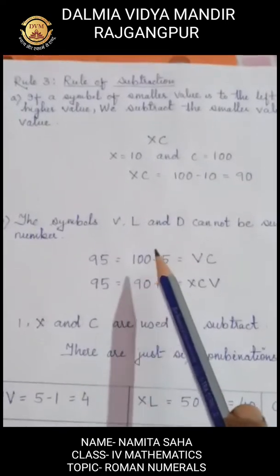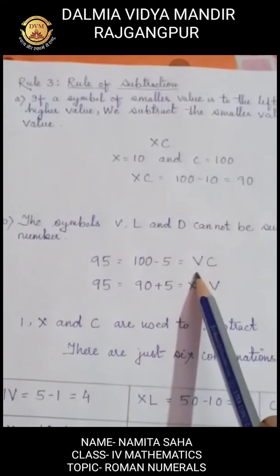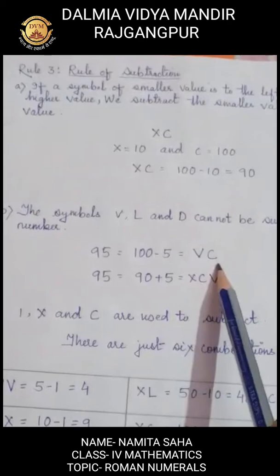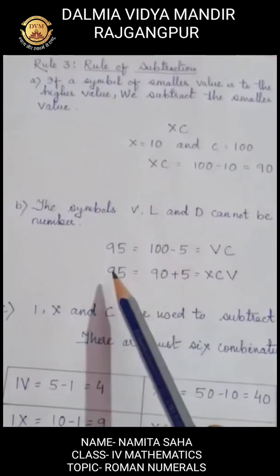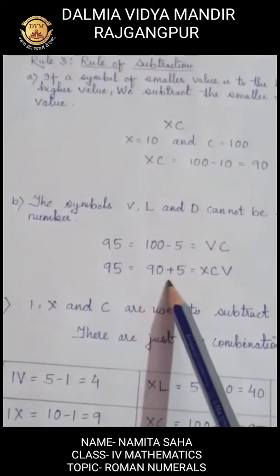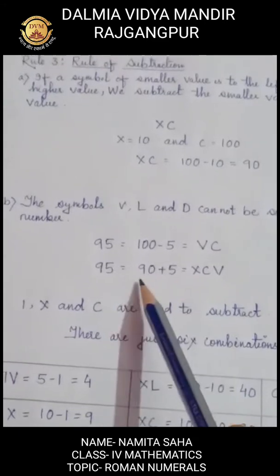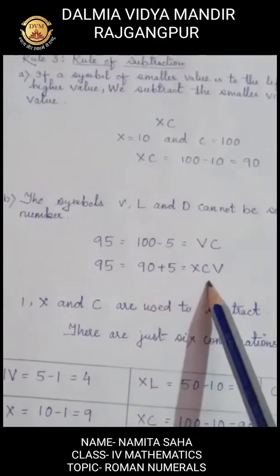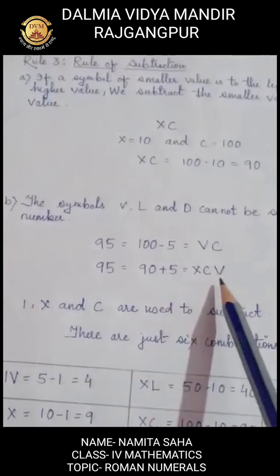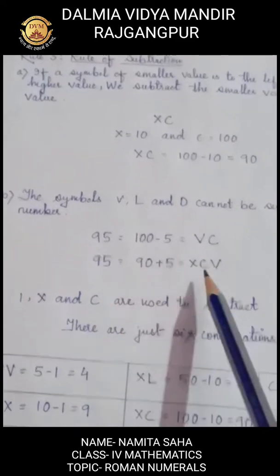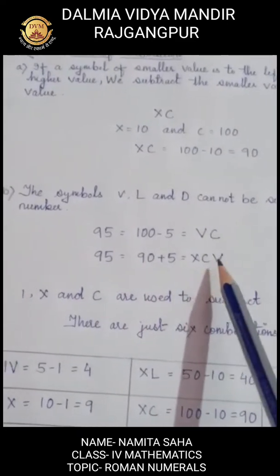It is against the rule. So you cannot write it as VC. Then what will you write? 95 can be written as 90 plus 5. 90 has the symbol XC and 5 has the symbol V. So 95 can be written as XCV.